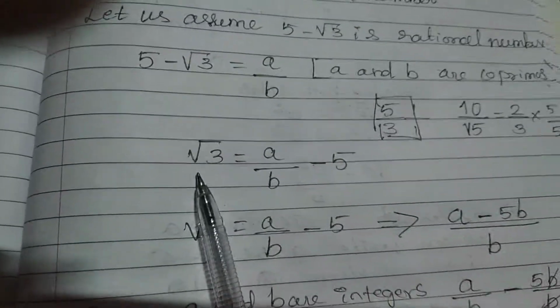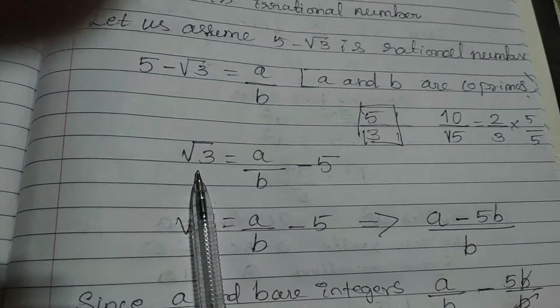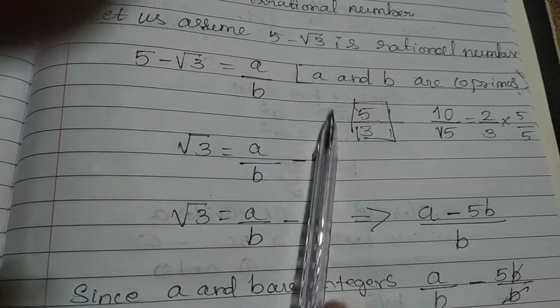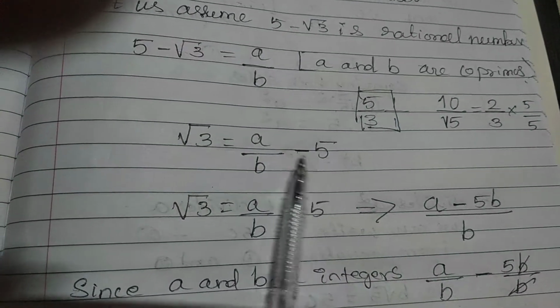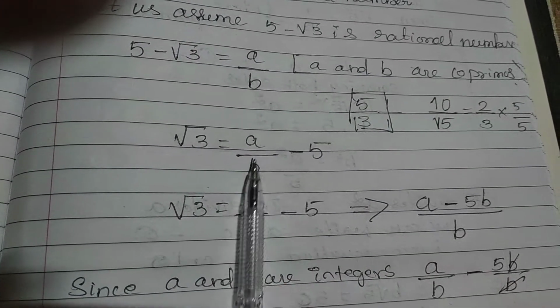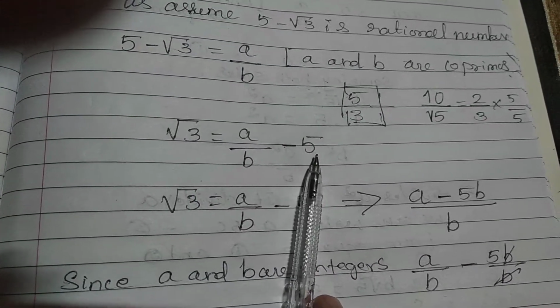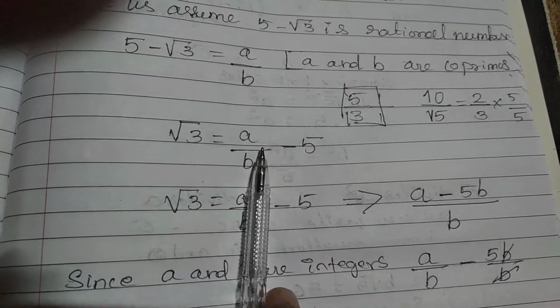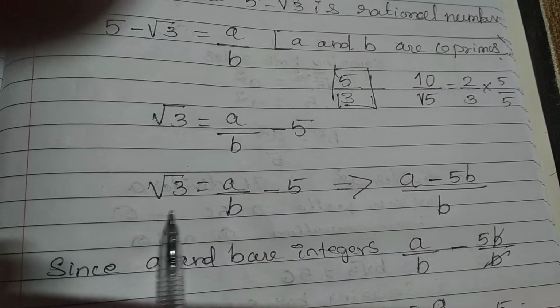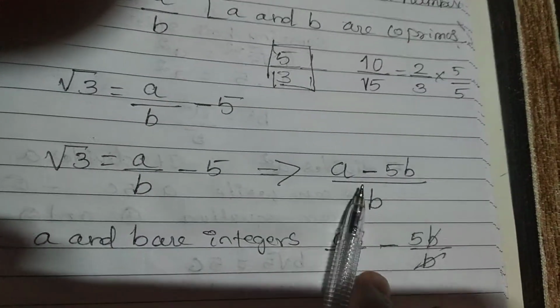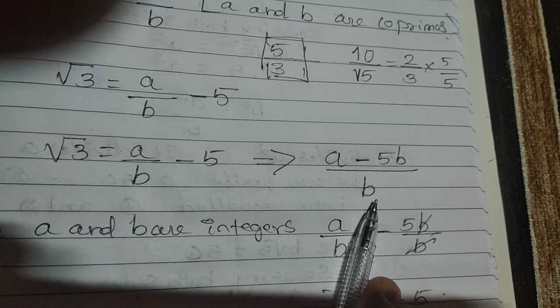After that, keep root 3 here and transpose 5 to the right hand side, and you will get minus 5. Look at a by b minus 5. All are integers and rational numbers. So this can be written as a minus 5b divided by b.